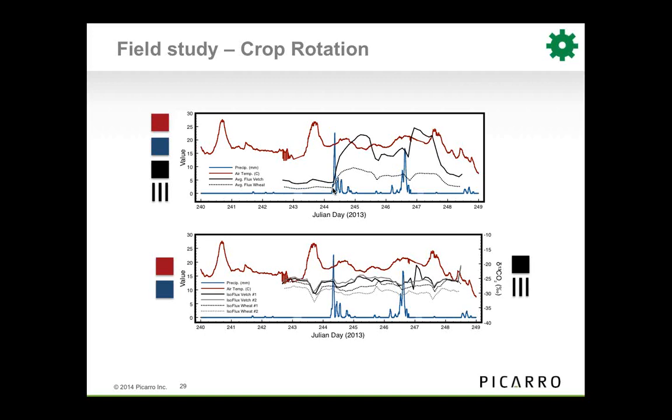On the bottom here you have the isotopic flux, and we weren't able to observe a huge temporal trend in that, which we were hoping for. But what we were able to pick apart is that the isoflux from the wheat tends to be more isotopically depleted. So it tends to use more 12CO2 than the flux from the vetch site.